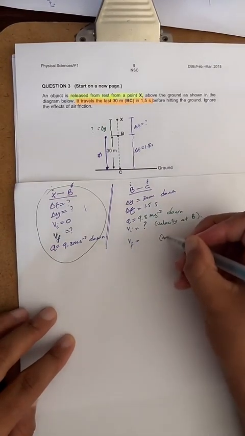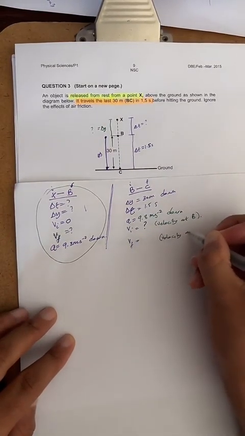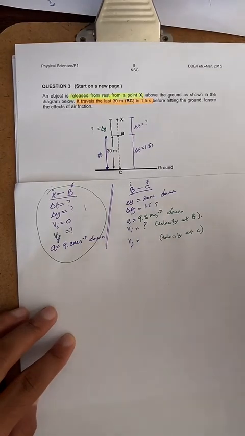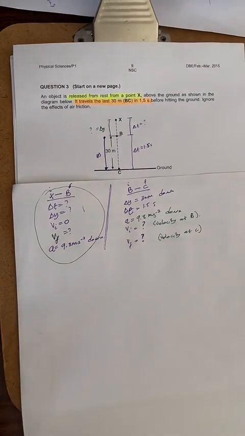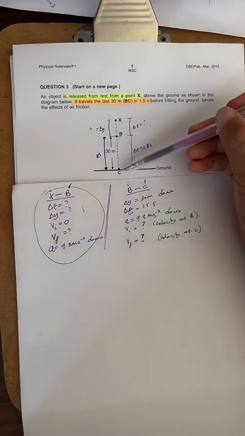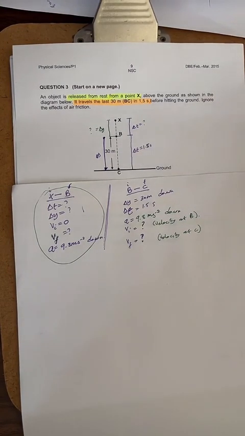This will be the velocity at C, and this is also not known. When the object reaches the ground, it does not stop. The velocity of the object where it lands is not 0. You know where the velocity is 0. The velocity is 0 in 2 points only.